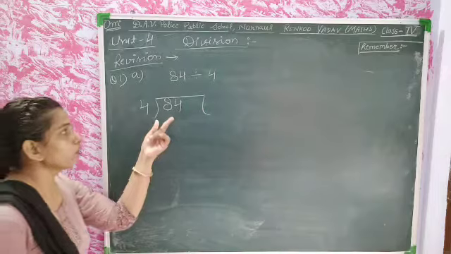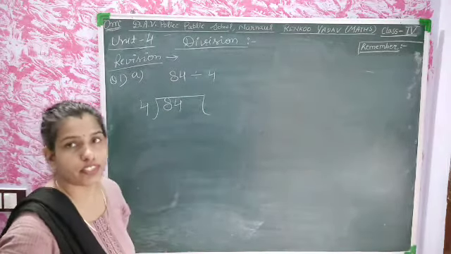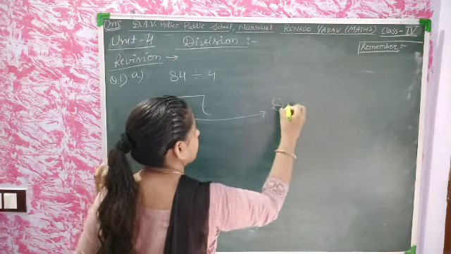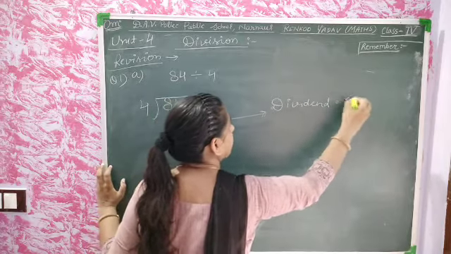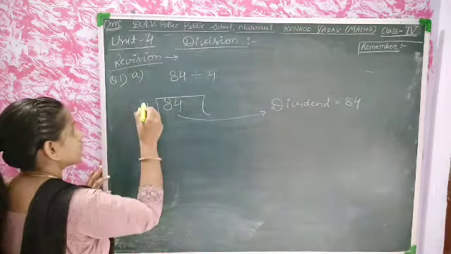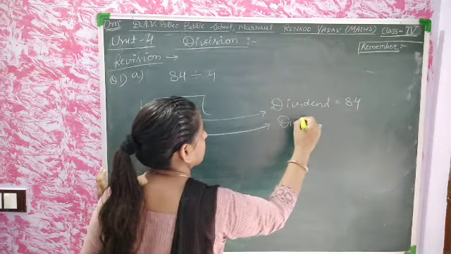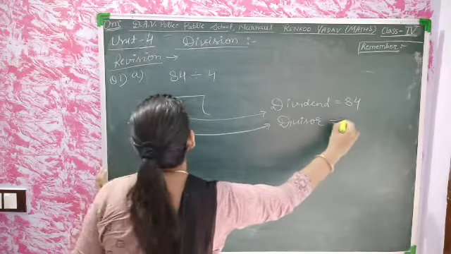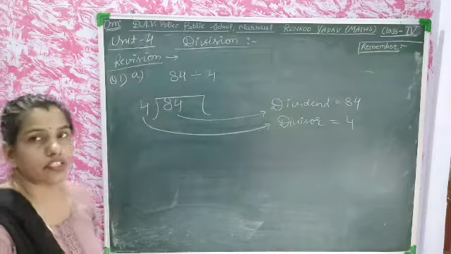Now students, I will tell you that this is the dividend, which is equal to 84, and this is the divisor, which is equal to 4.